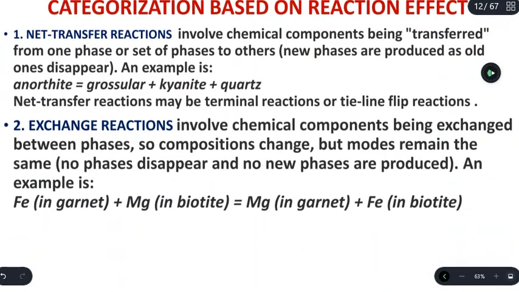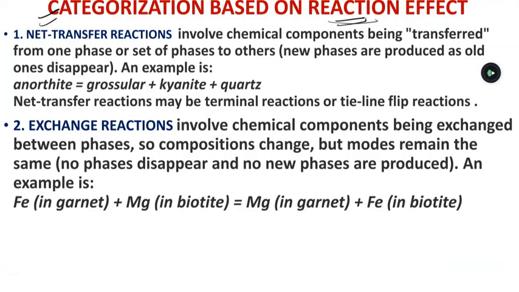We already discussed this. Now, categorization based on the reaction effect. On the basis of reaction, how do we categorize different types of reaction? One is the net transfer reaction, and one is the exchange reaction. Can anyone tell me what the net transfer and the exchange reaction are?